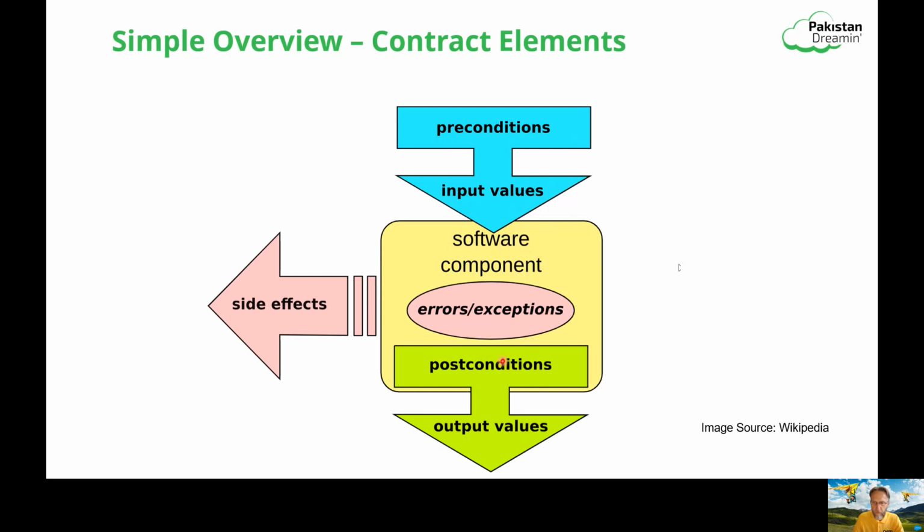Then postconditions are at the end of executing the logic of the method. Then certain conditions must be met contractually. It must in effect give the right output, the correct output, and also it must give the right side effects. The difference between output values and side effects is that output values are, say, your return values, and also your parameters that are passed in, which are in-out parameters.